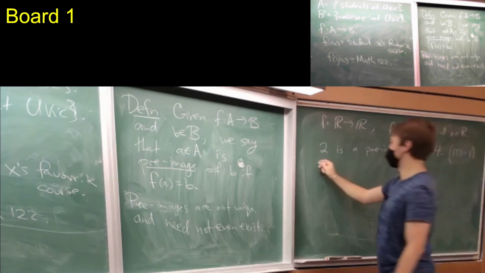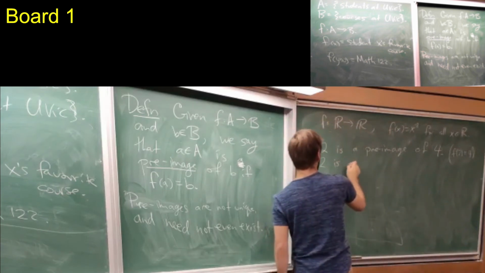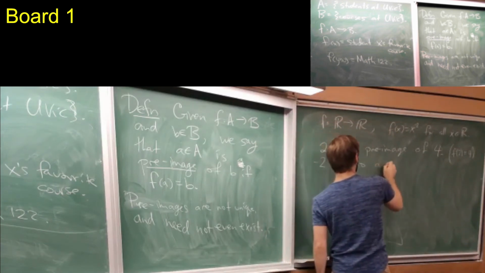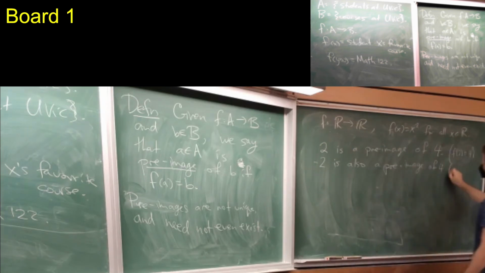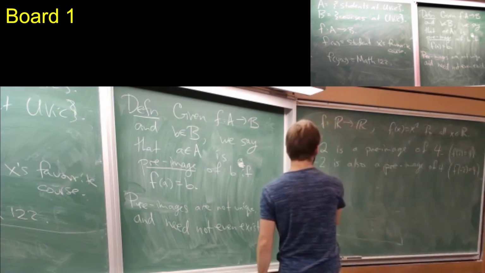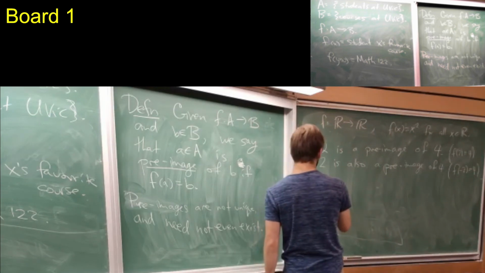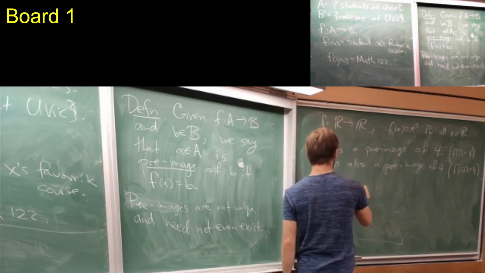But negative 2 is also a preimage of 4, because f of negative 2 is 4. But also, negative 1 has no preimages.